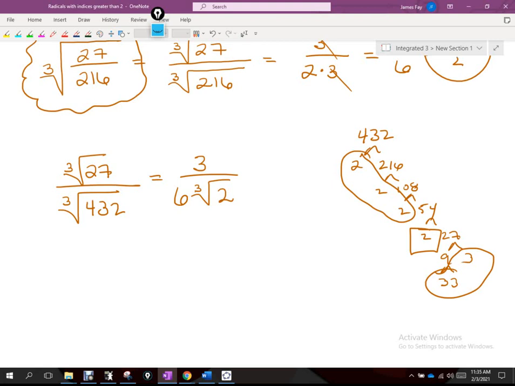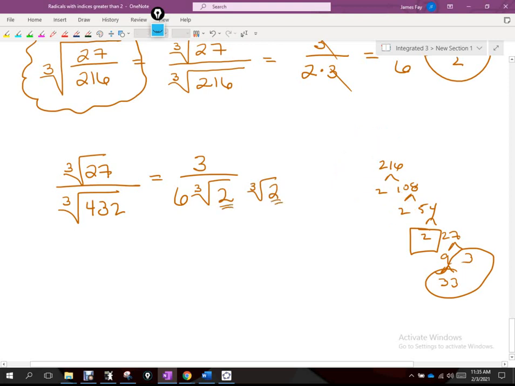But now if I multiply by even radical 2, it won't make sense to us. If I multiply by the cube root of 2, it's going to give me the cube root of 4 when I'm done, because I multiply inside by inside, right? Well, cube root of 4 is not a perfect cube.